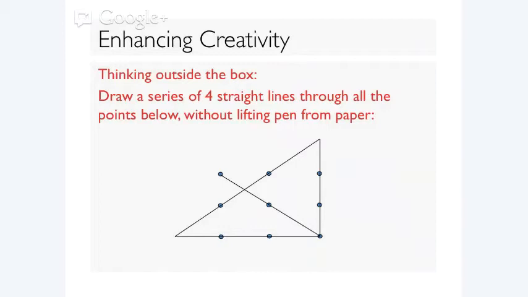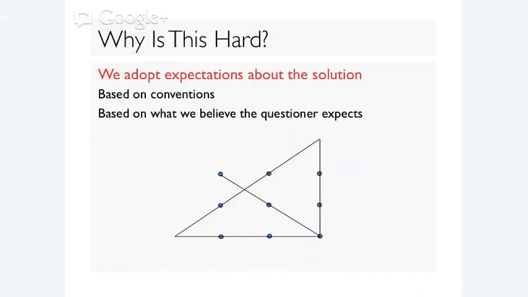You'll often find in framing problems that it's that similar kind of reframing of what you think you're doing that really gets you to new ideas. All right, so why is this hard? Well, because we have these conventions that we implicitly adopt, and we may not even know that we're implicitly adopting them.